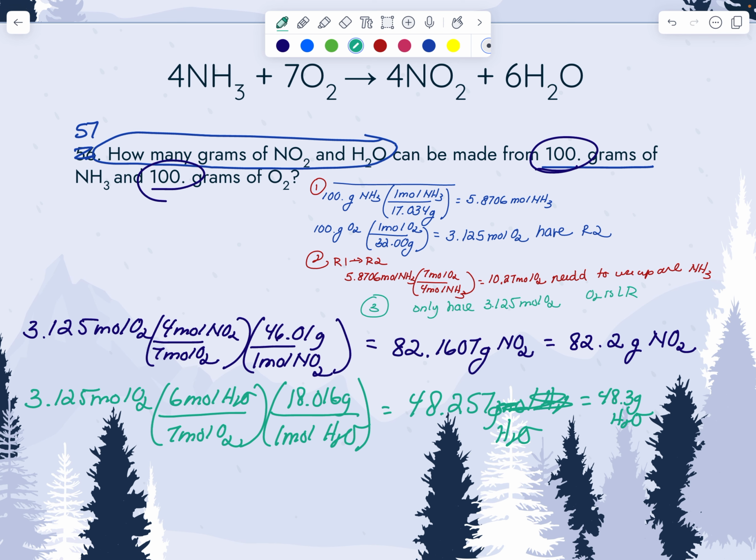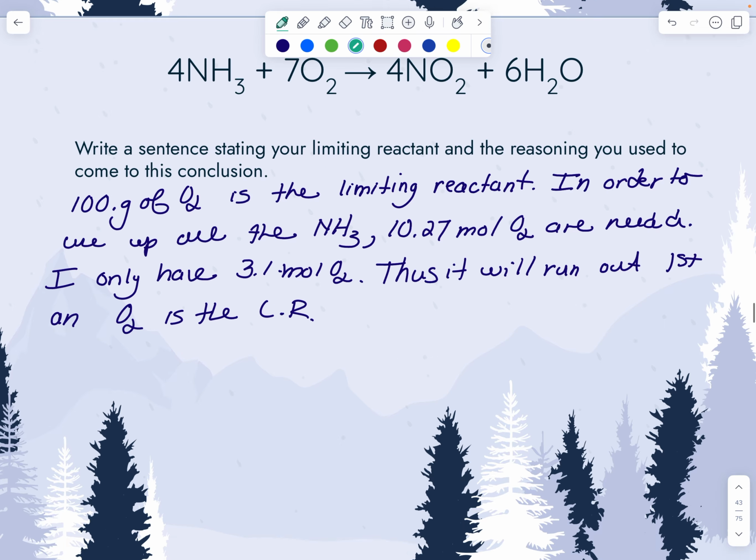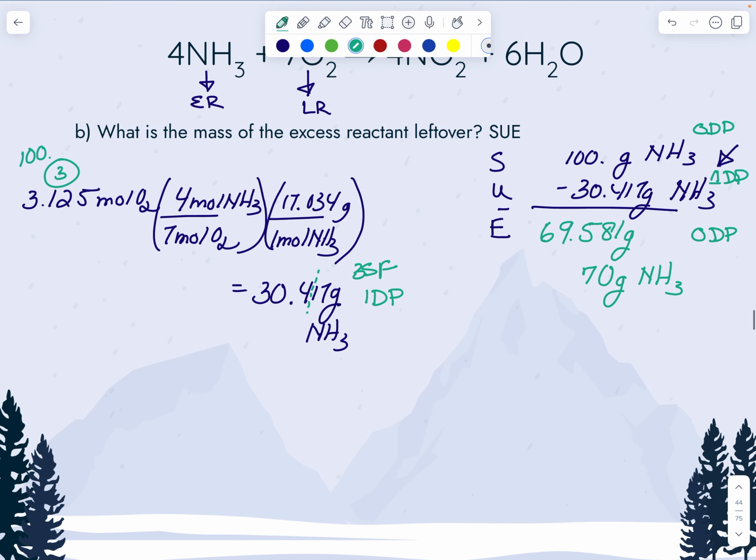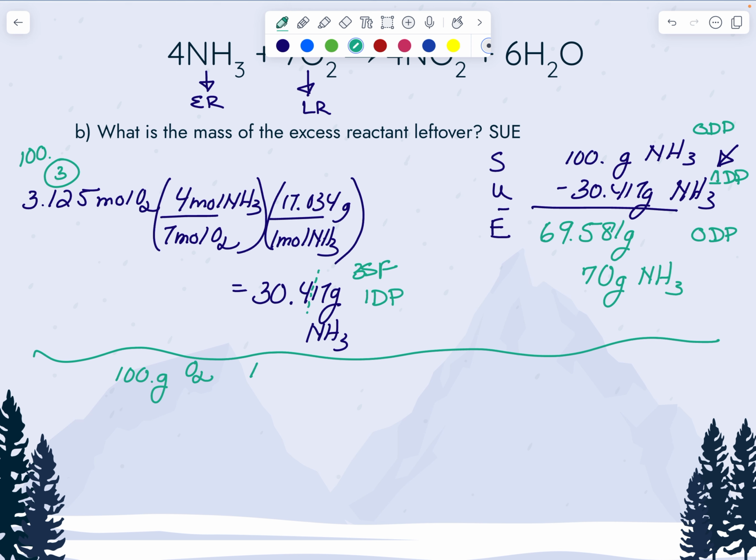If I think about what did I start this problem with, right? I started this problem with 100 grams of oxygen and 100 grams of NH3. So I started this reaction with 200 grams of material, right? 200 grams of matter.